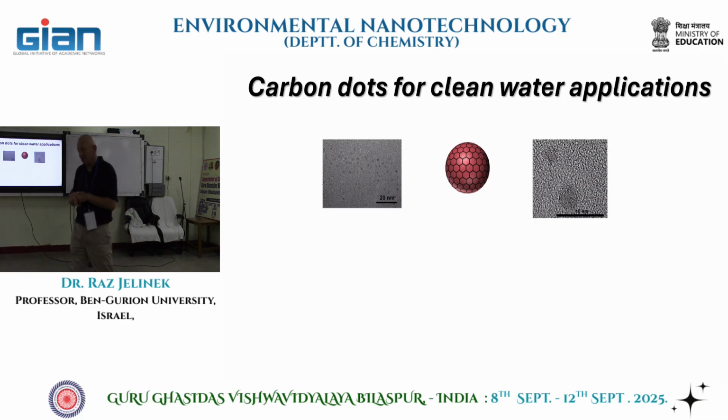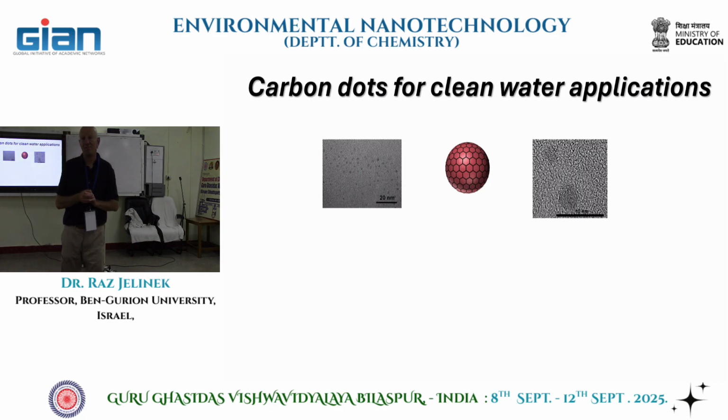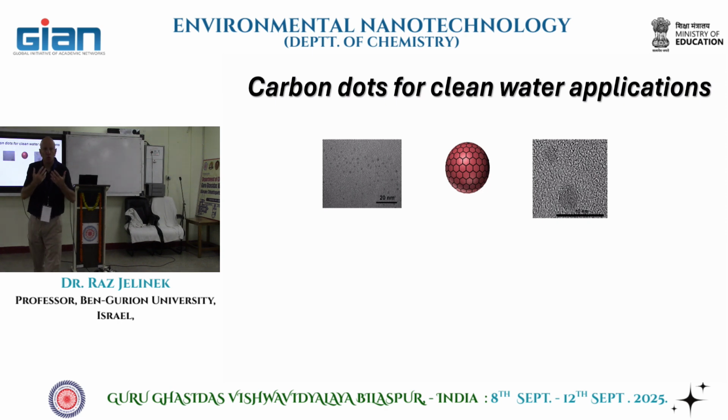Actually, when people refer to carbon dots, sometimes they call them graphene quantum dots, because the internal structure of the carbon dots is very similar to graphene. These 6-member rings mean that carbon dots will also be electrically conductive.